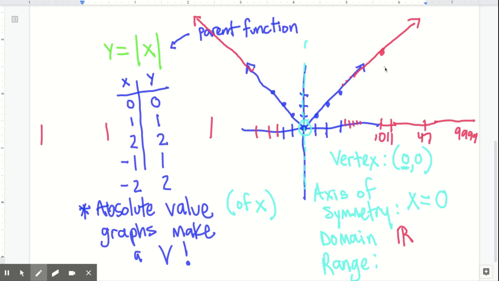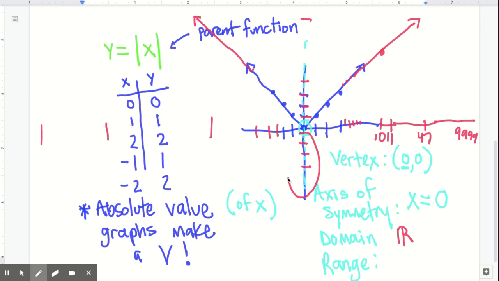On the other hand, my y values for this picture are not going to have a range of all real numbers. These y marks right here, +1, +2, +3, +4, +1,000, all of those tick marks are going to get used. But look at the tick mark -1 or -2 or -3.